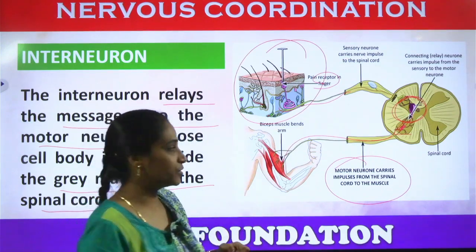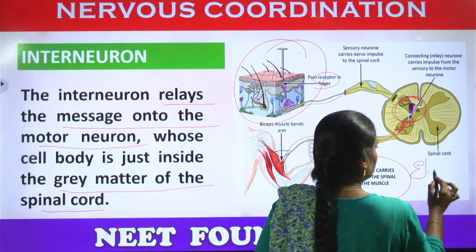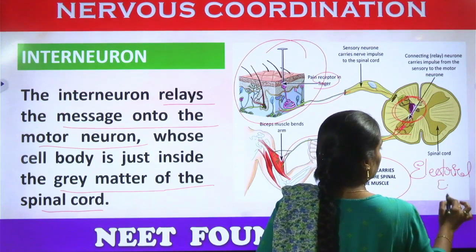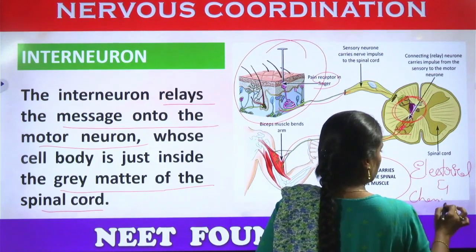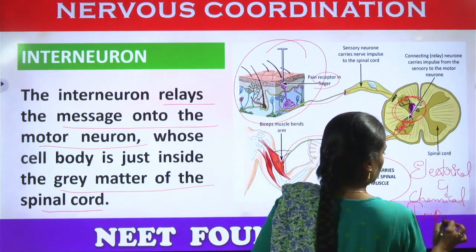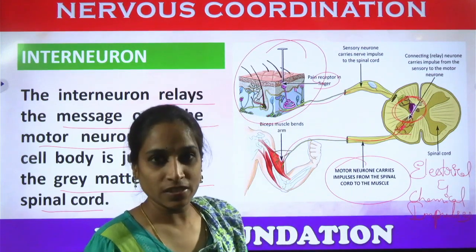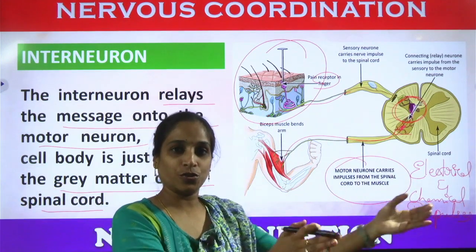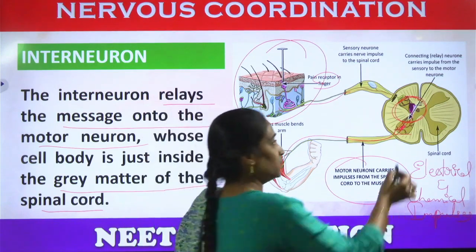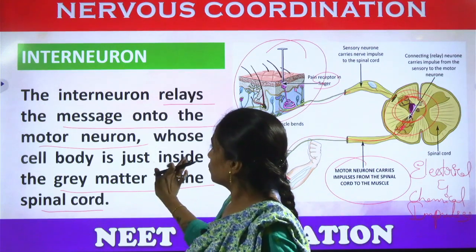So here we can observe the pathway is generated by the electrical impulse and the chemical impulse. These play a very major role, passing from one neuron to another neuron and giving the reaction. So that is the function of the relay or interneuron.